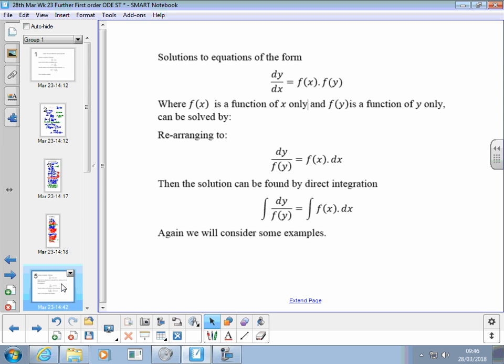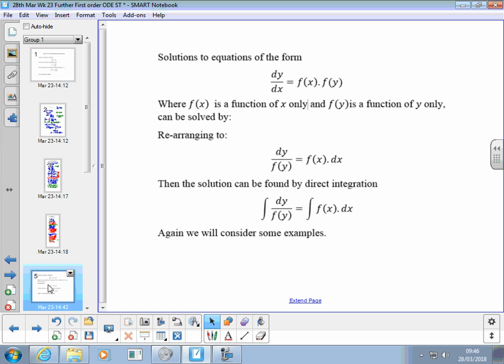What we're going to look at now is solutions to equations of the form dy by dx is equal to a function of x times a function of y, where f(x) is a function of x only and f(y) is a function of y only.